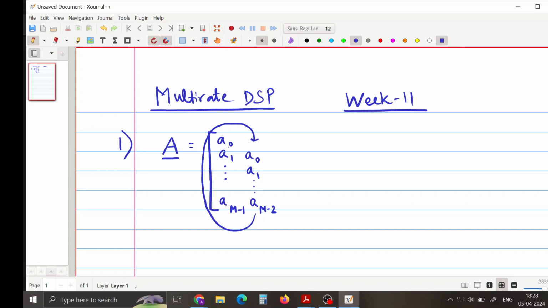So meaning that the Am minus 1 term will be circularly shifted from the bottom to the top.